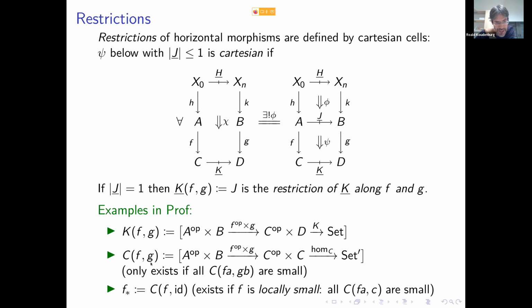And then lastly, if we set G the identity here, restrict to G being the identity, then we get the pro-functor represented by F. And that only exists if F is what we call locally small. Each of these homsets are small.